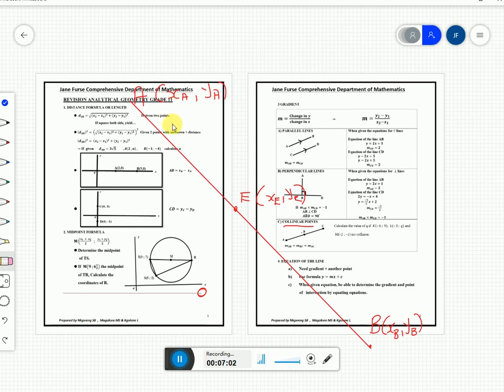You are given point P is -2 and 5. Then you are given point Q is 4 and -1.